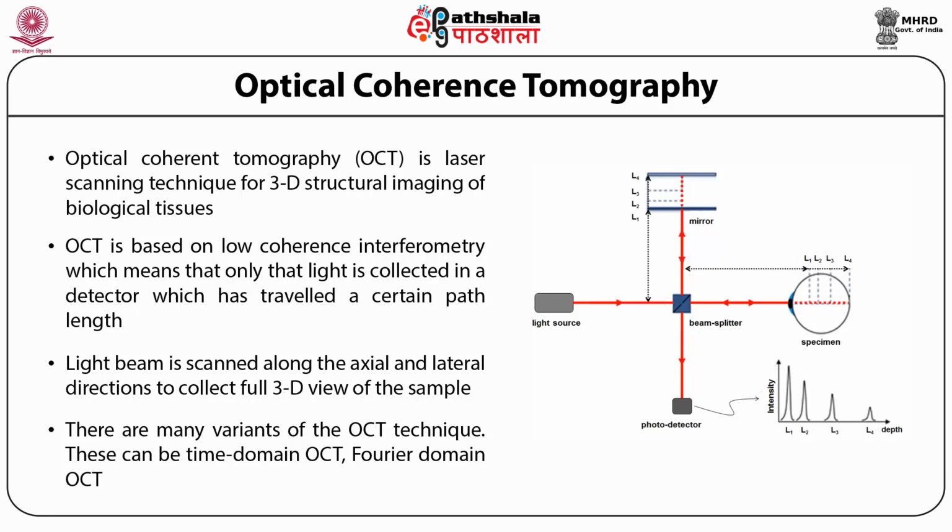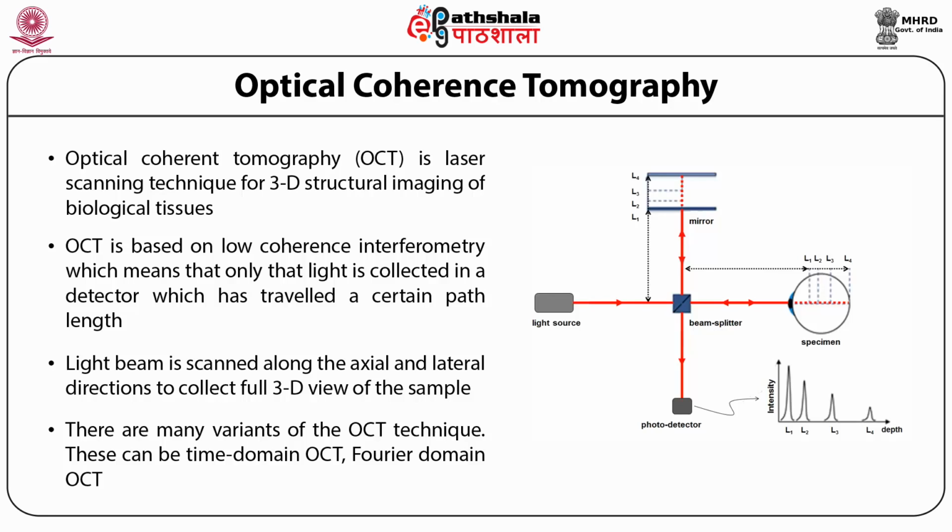So the light which is coming from a specific depth L1 in the sample needs the scanning mirror to be placed at the proper distance from the beam splitter such that the two lights from the two arms can interfere and give you intensity at the detector. So here the graph at the bottom shows, for different depths in the sample, different intensity by scanning the mirror such that the two path lengths for the two lights are matched and you get maximum intensity at the detector.